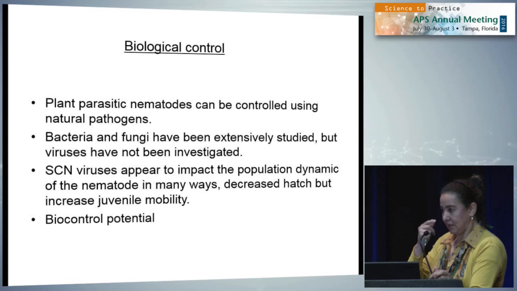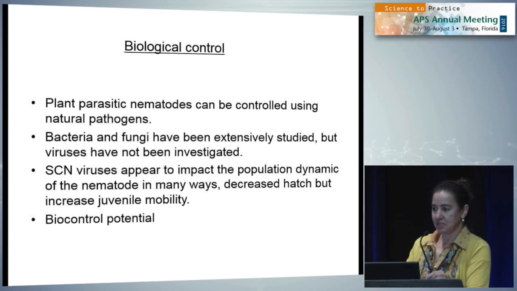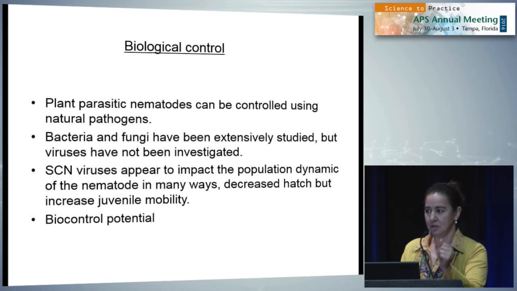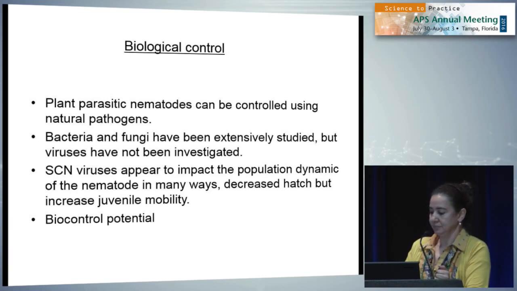So from the biocontrol perspective, we've been thinking, well, since the viruses seem to have an impact on nematode, is it possible that those viruses may be used as a biocontrol? Plant parasitic nematodes can be controlled with natural pathogens. It has been shown.